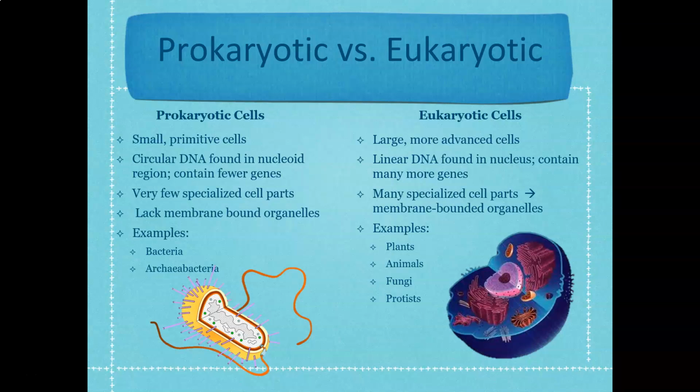The last thing I want to talk about here is the difference between their genetic structure and the way their DNA is organized. When we look at your prokaryotic cells, it's circular and is centralized in that nucleoid region there in the center. So remember, this is that nucleoid region right here.